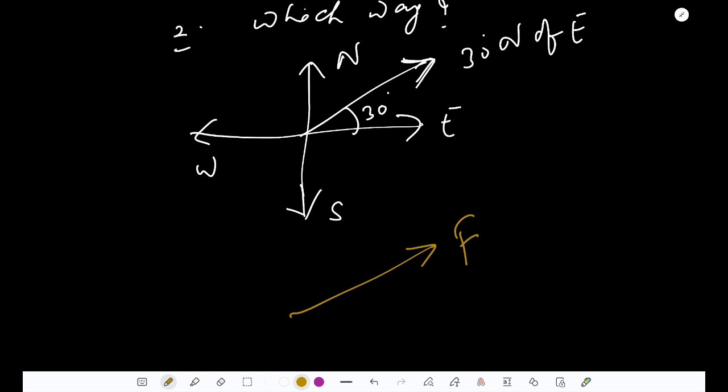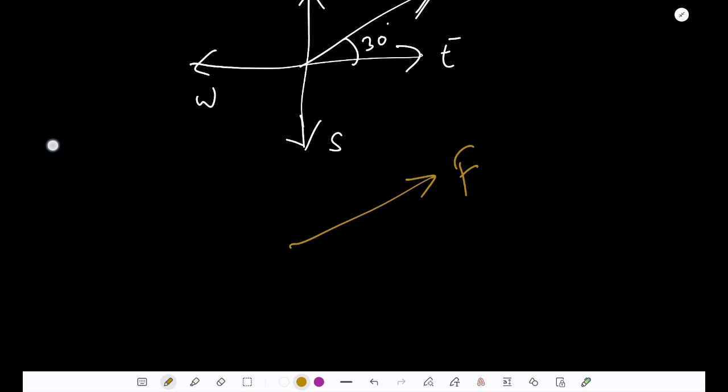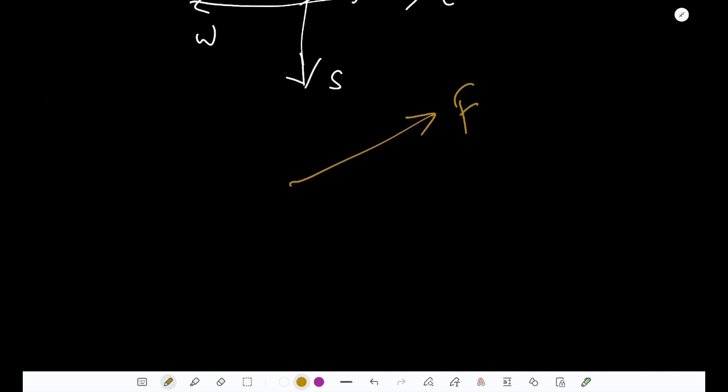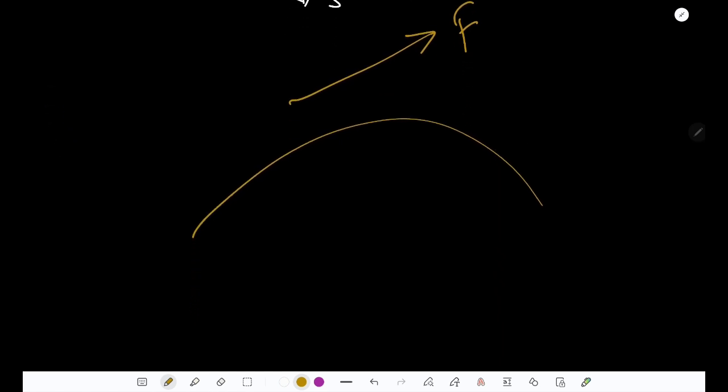Another example is the displacement vector between two points on the path of a particle. Suppose your particle is moving on an arbitrary path like this, and there is a point A and a point B on the path.